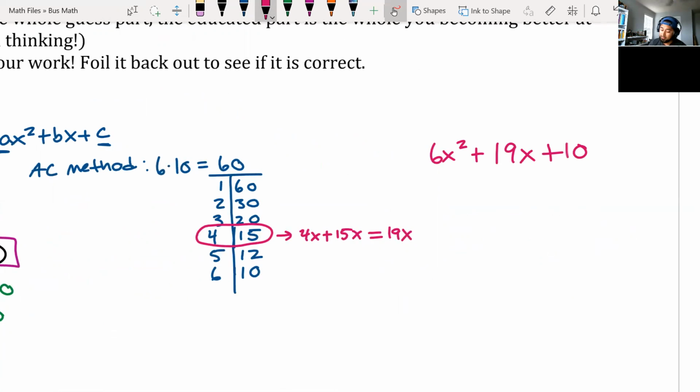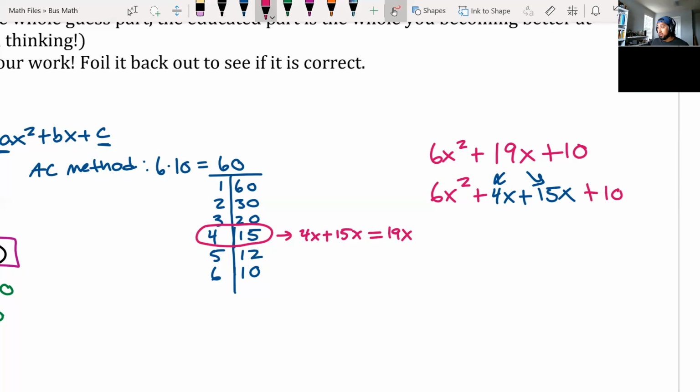But now using the AC method, we are going to take that 19 and split it into the two factors we just found. 19x is going to become 4x plus 15x, plus 10. We haven't done anything wrong. We just said, hey, 19, you're going to be 4x and 15x, which is still 19.